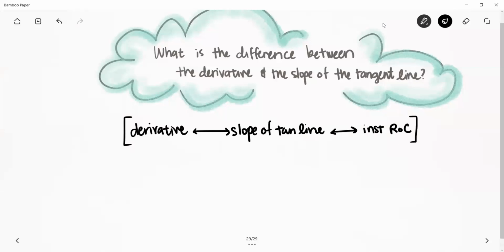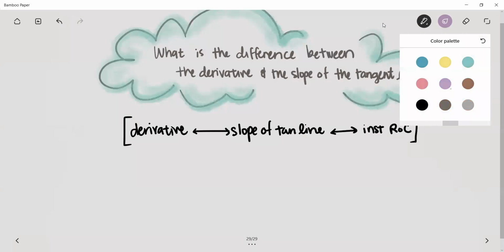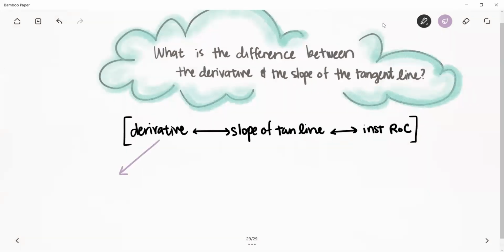But the small difference is that if you're being asked for the derivative, this is representing the slope at any point on the curve. So this is more of the general formula that we had discussed before.